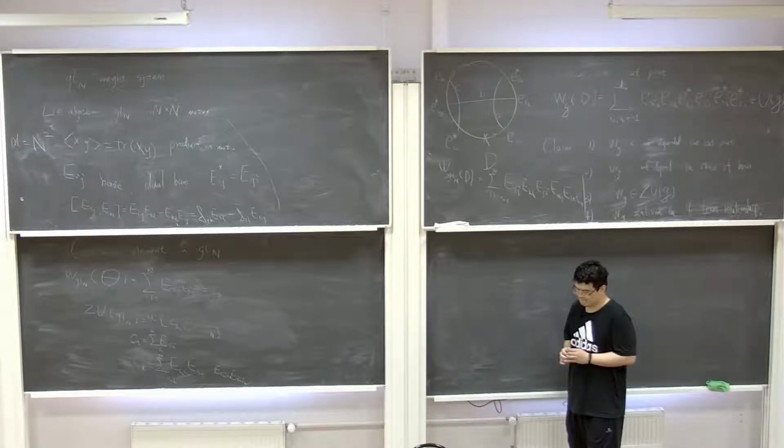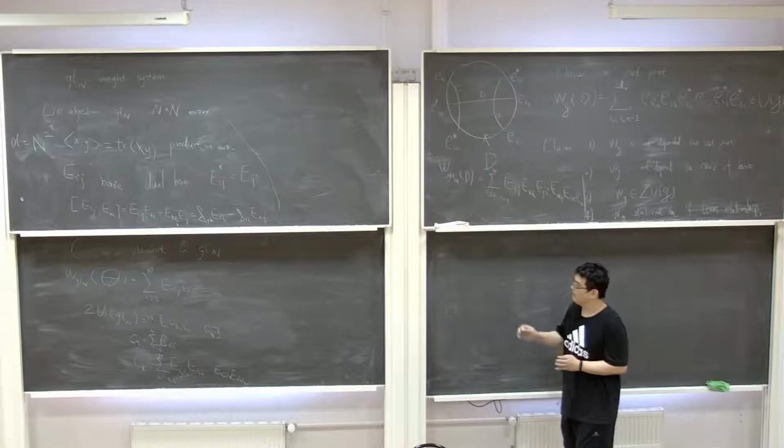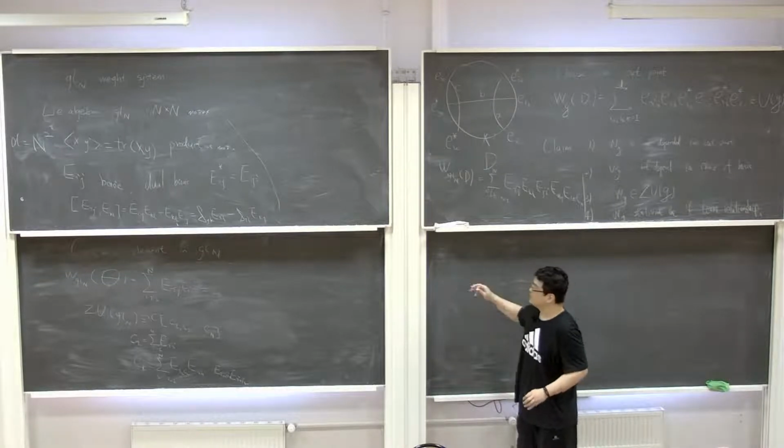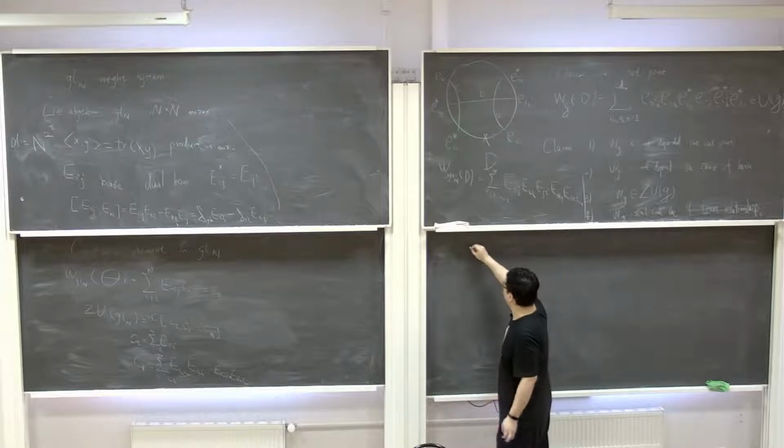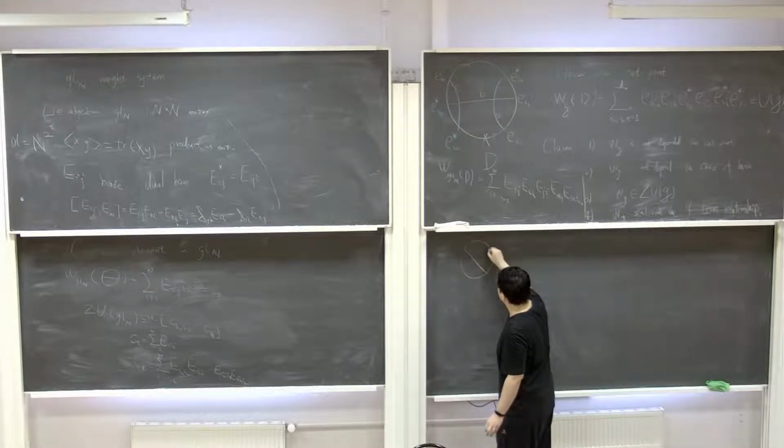The value of the weight system GLN on a chord diagram is a polynomial in these n elements, C1, C2, Cn. And now I can show you an example of how to exactly calculate for a specific chord diagram. For example, like this.